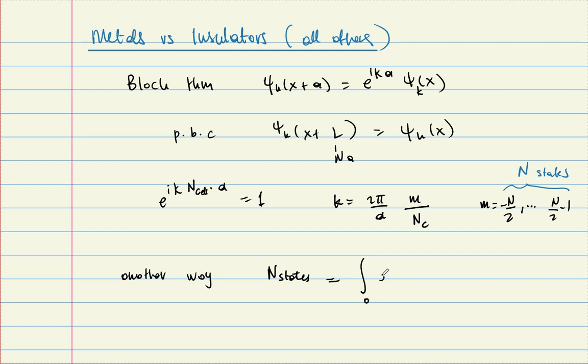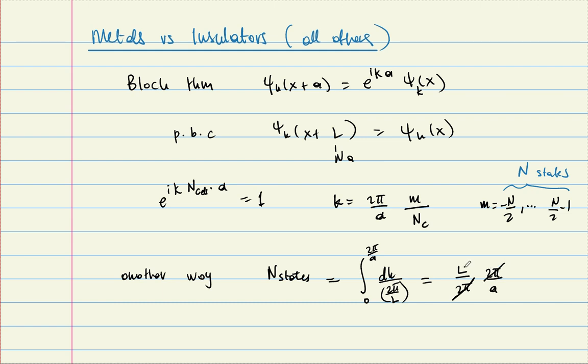You sum over all the unique k points in the first Brillouin zone, and each k point comes with 2 pi over L states. If you integrate, the total number of states is L over 2 pi over a.